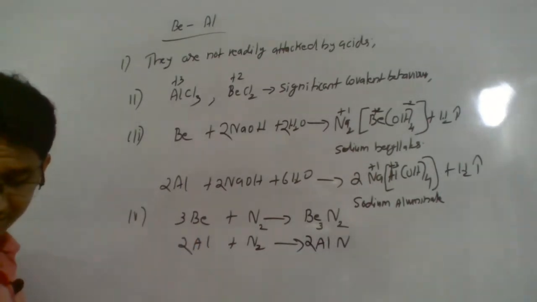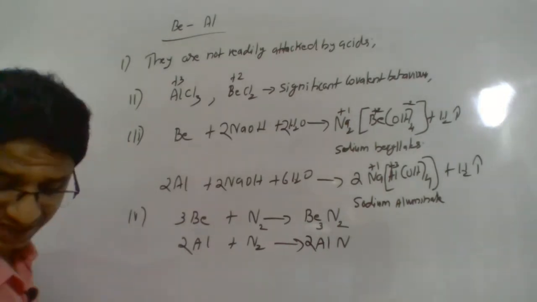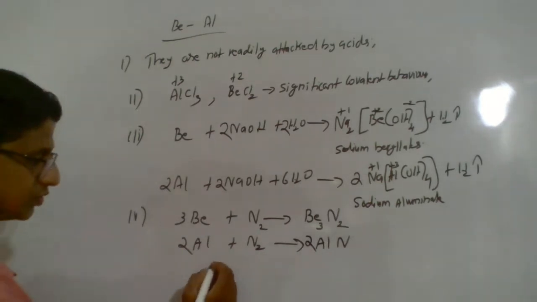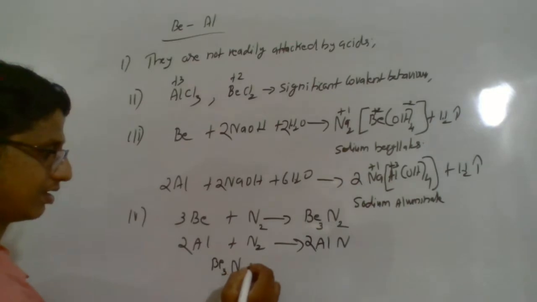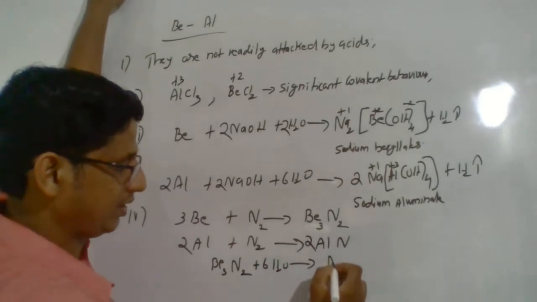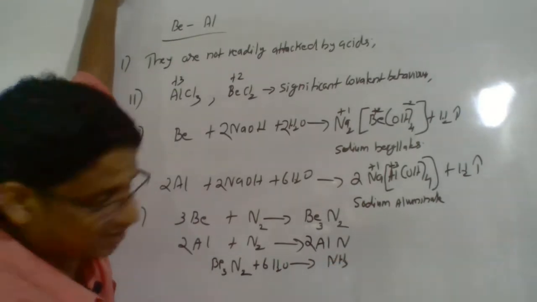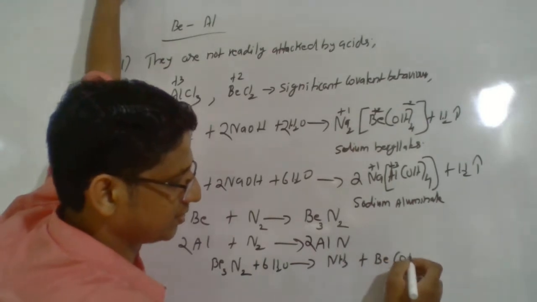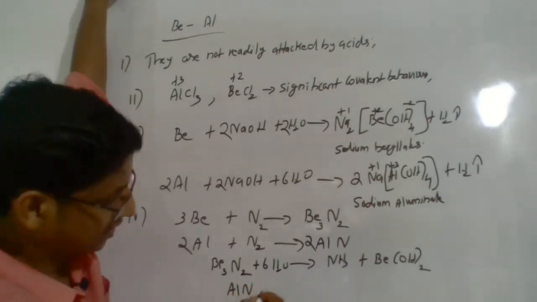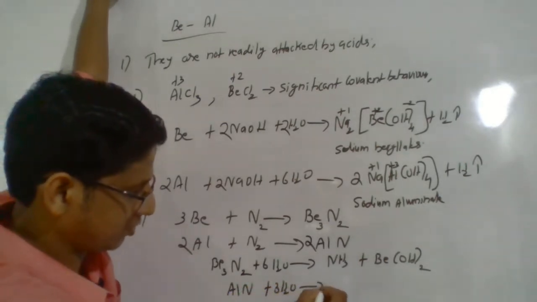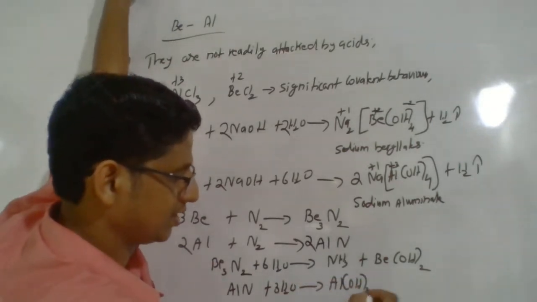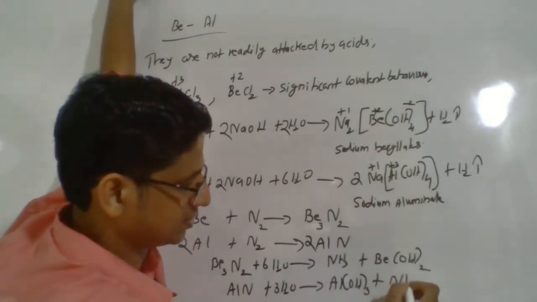And these nitrides react with water to yield ammonia. Be3N2 reacts with water to liberate ammonia gas along with the corresponding hydroxide Be(OH)2. Similarly, aluminium nitride combines with water to form aluminium hydroxide, and ammonia is released.